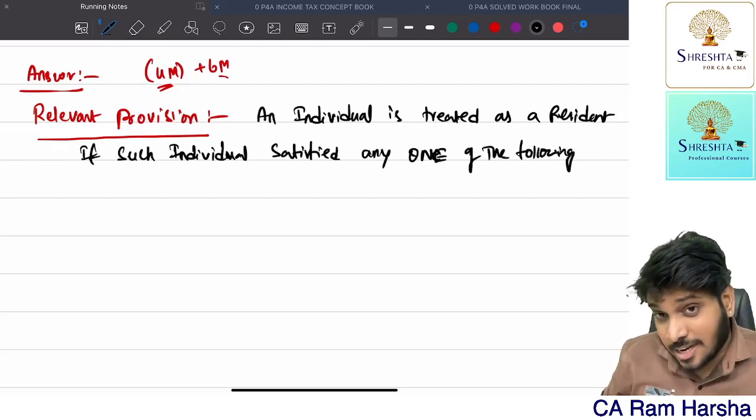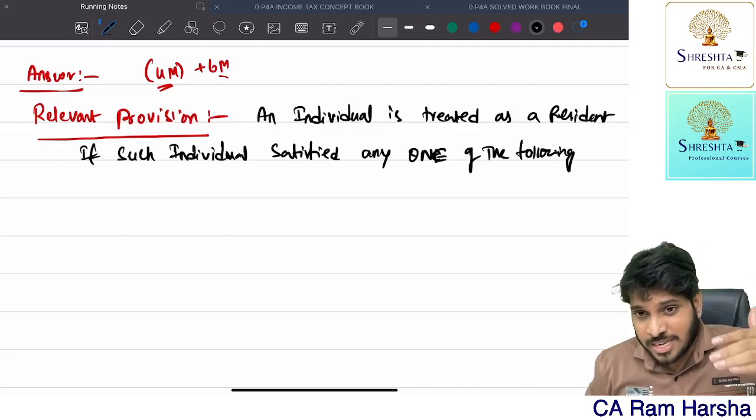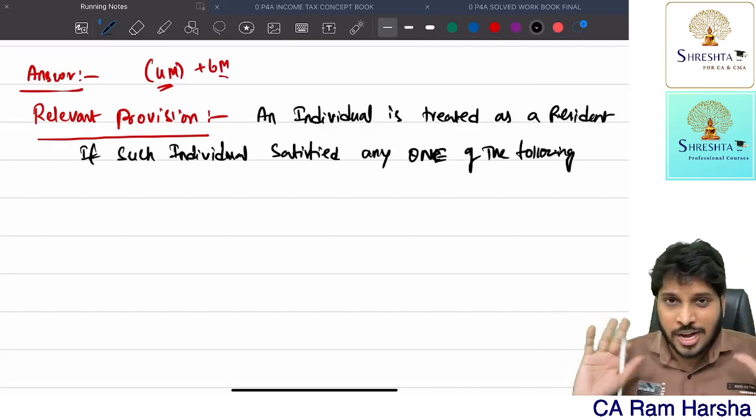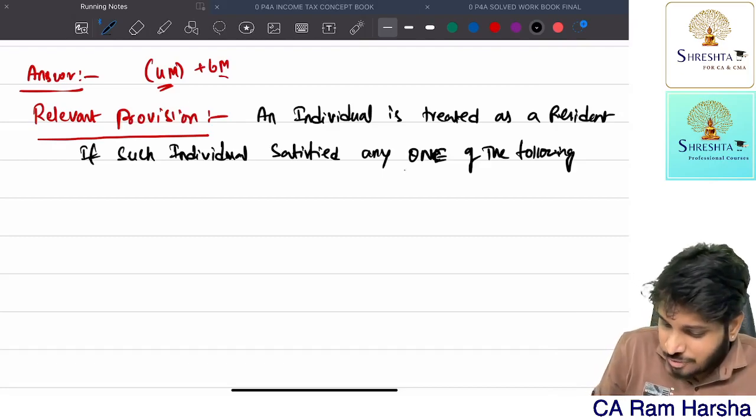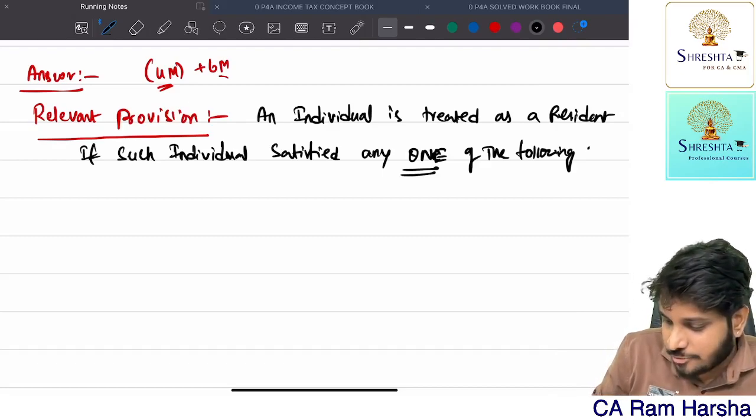In our classroom we discussed basic and additional conditions only for our purpose. You don't write like this in the exam. Okay, any one, you can mention that any one of the following.